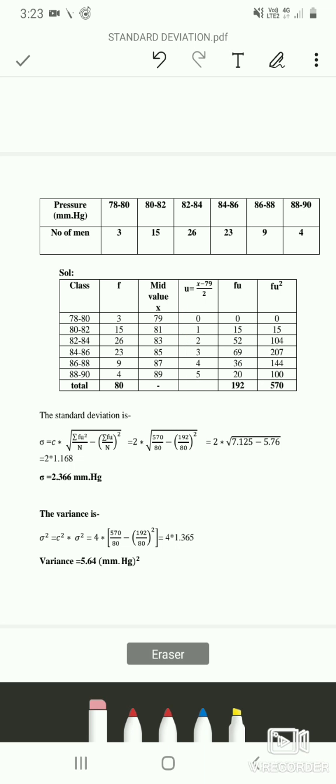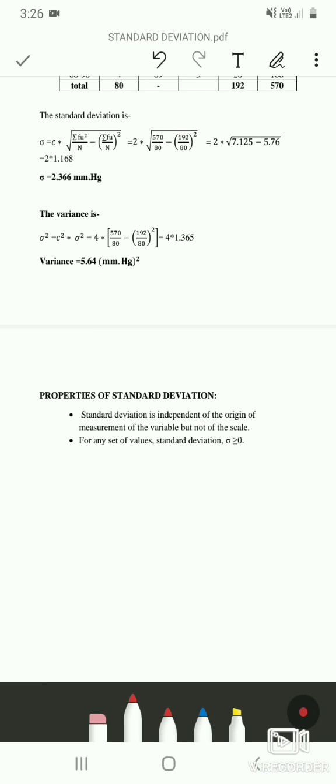So it is totally up to you which method you want to opt, and then you can calculate variance according to the value of standard deviation and according to the method used. So in that case variance would be just the square of the standard deviation. We know that variance is nothing but the square of standard deviation.